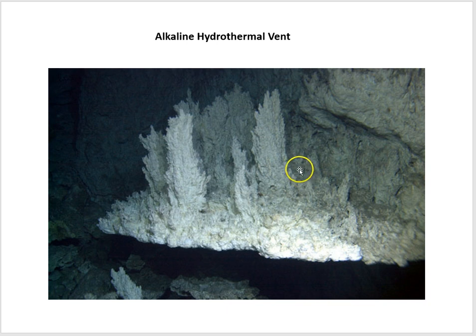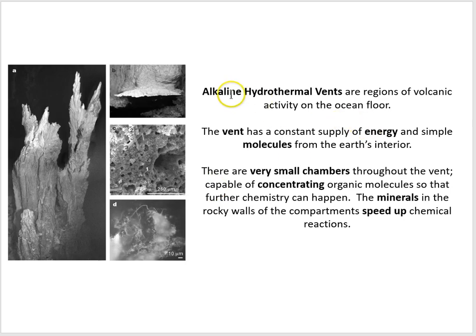Well, in the 70s, some really interesting rocky structures were found at the bottom of the oceans. They're called hydrothermal vents, and this one is an alkaline hydrothermal vent. Now, these hydrothermal vents are regions of volcanic activity on the ocean floor. And the vent has a constant supply of energy and simple molecules from the Earth's interior.